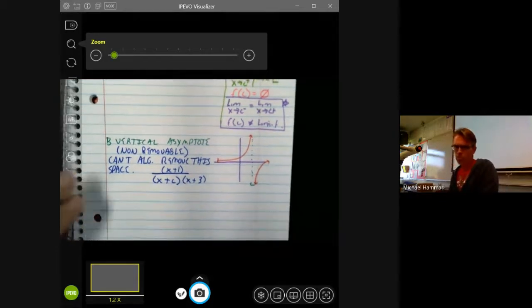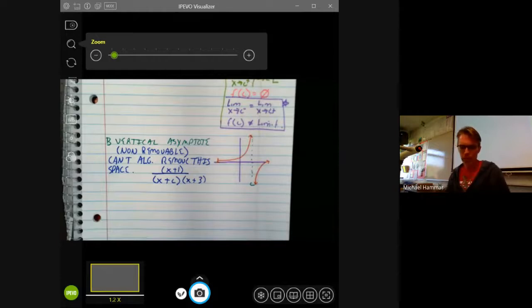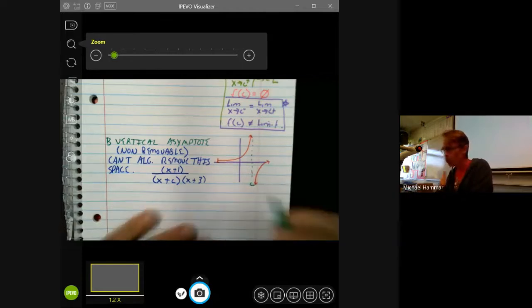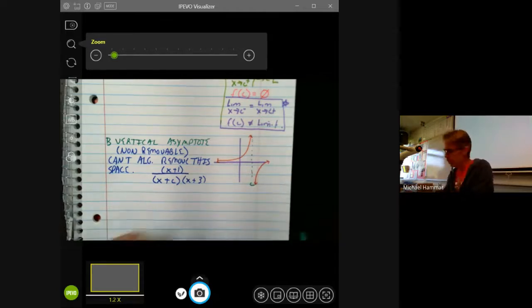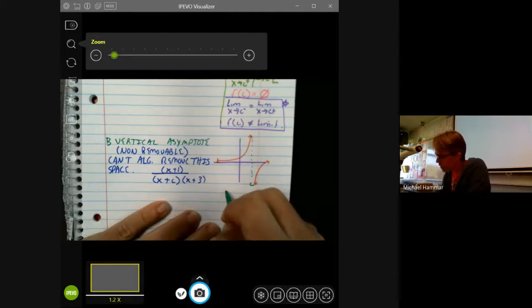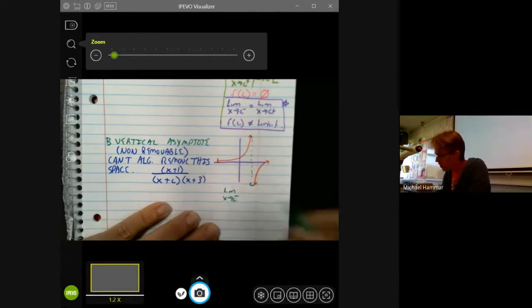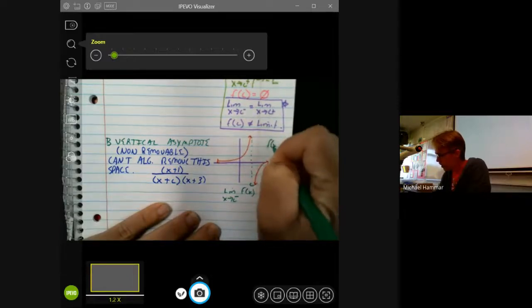So let's talk, though, what this looks like and what you always see. Whenever you have this type of discontinuity, we still have to look at it from the left and from the right. So let's take the limit as x approaches c from the left of the function, which is f of x.